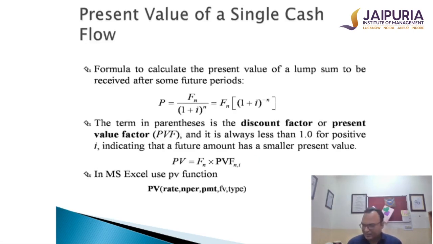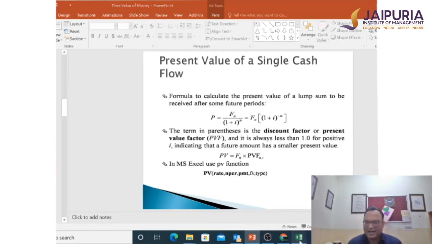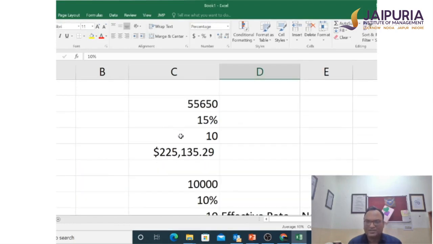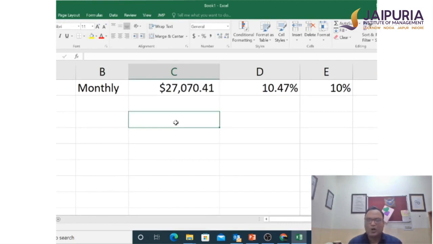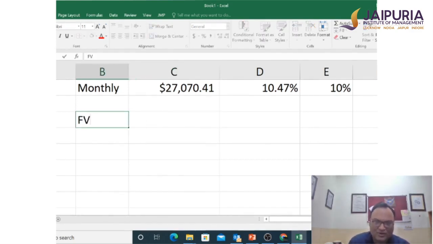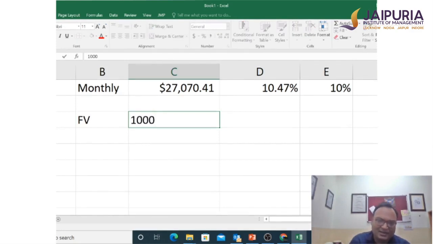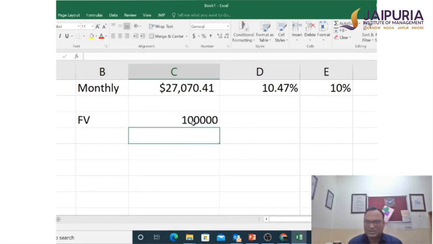Okay, moving further, let me also do the reverse part of this, which is called present value. Again, let me go to Excel, and we will do the reverse. This time I know how much money I will get after a certain time. The future value is known to me: after 10 years, I want to get 1 lakh rupees, so this is 100,000.